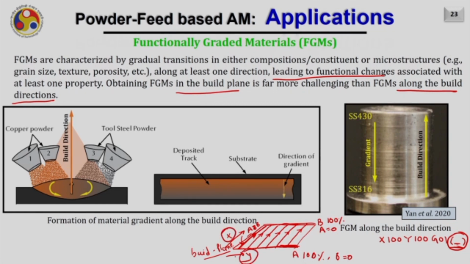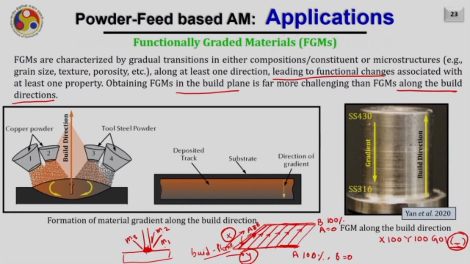It is difficult, but it is possible, because let us take an example: we are creating a molten pool, and we have multiple nozzles, nozzle 1, nozzle 2 and nozzle 3. Now, if required, we have control of the mass flow rate of nozzle 1, nozzle 2 and nozzle 3, and by appropriately changing the mass flow rates M1, M2 and M3, I can control the composition I am creating here.